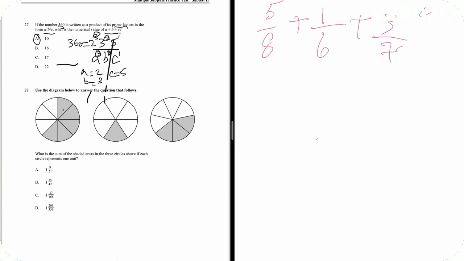What we need is the LCM, or you can do the prime factorization, whatever is your comfort zone.